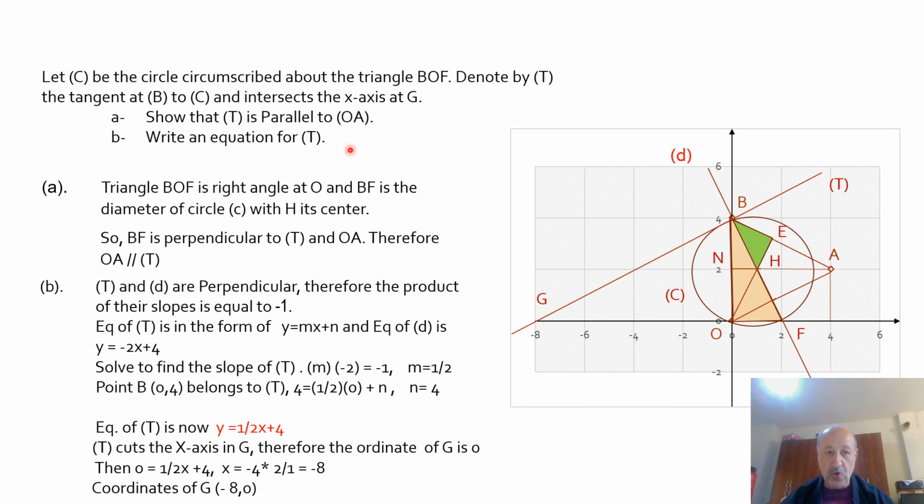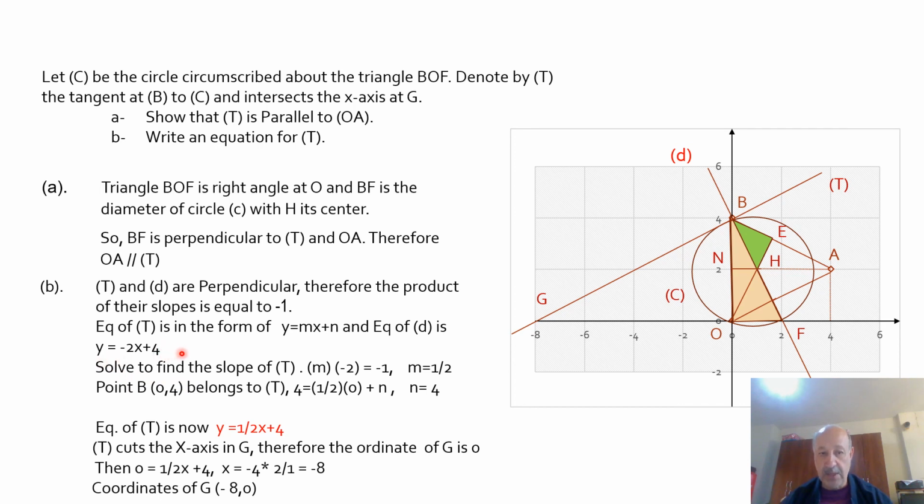Write an equation of T. How do we write an equation of T? T and D are perpendicular. Therefore, the product of their slopes is equal to -1. The equation of T is in the form y equals mx plus n, and the equation of D is y equals -2x plus 4.